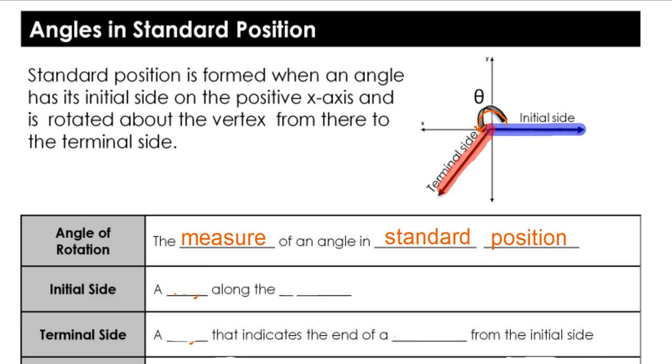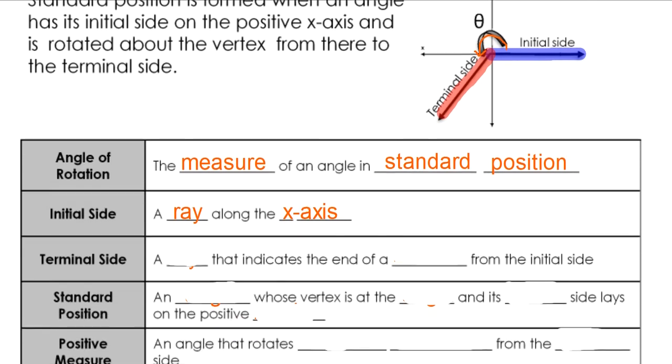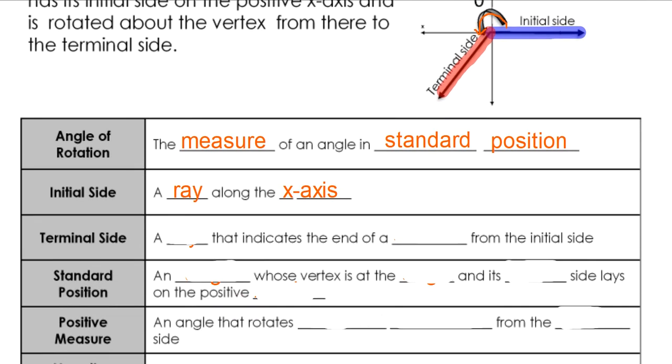That initial side is always a ray. Remember, that's where it has an ending point and goes on forever along the x-axis. That's the blue that we highlighted in that picture. The terminal side is also a ray, and that indicates the end of a rotation from the initial side. So the terminal side is where it ends.